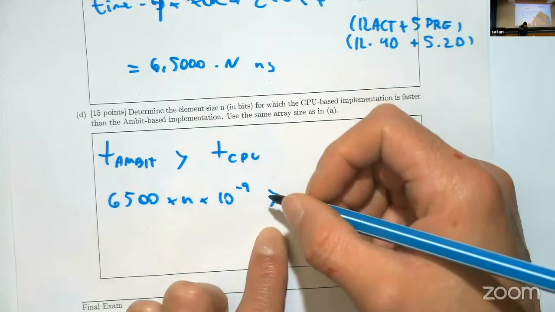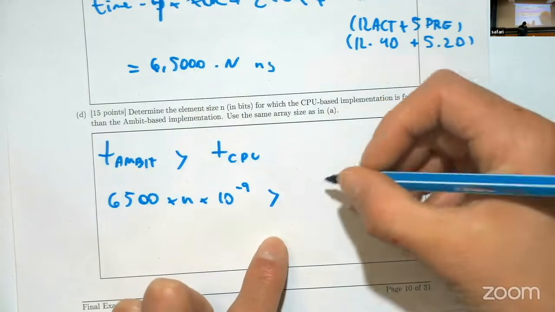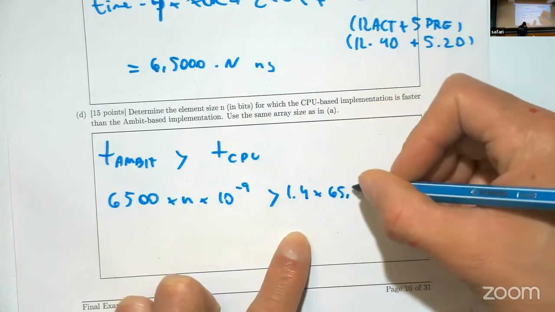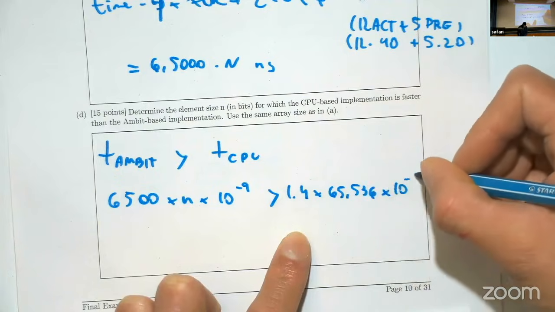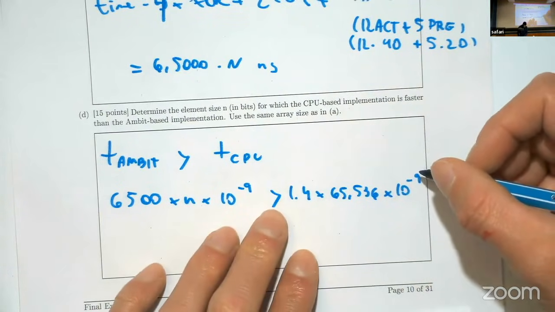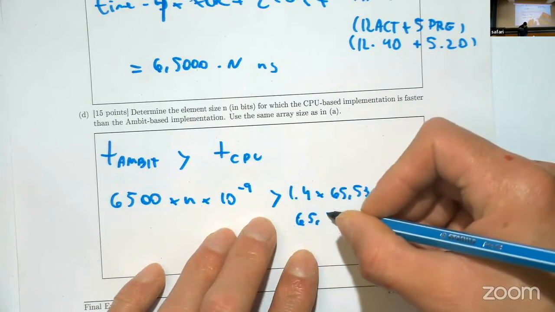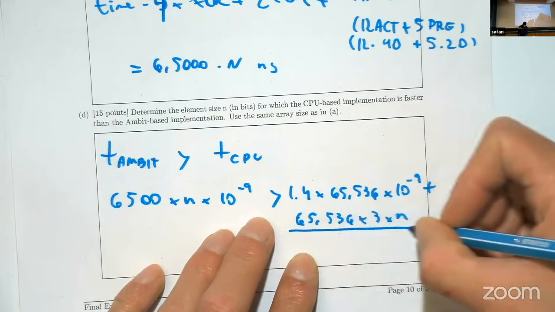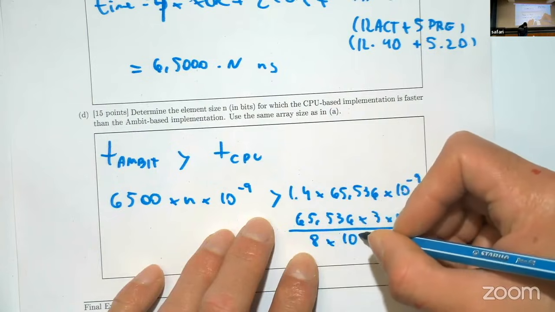And the time of the CPU, you figured out the k and m values earlier, right? So this is 1.4 times 65,536 times 10 to the minus 9 plus 65,536 times 3 times n divided by 8 times 4.